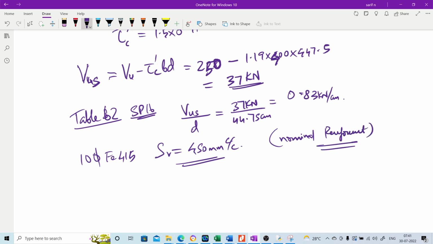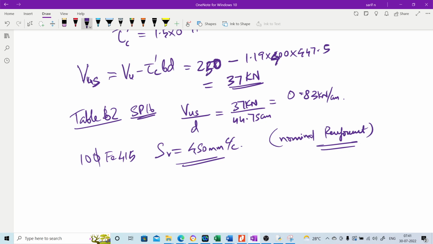Now sometimes in the problem, the maximum design shear force also will not be given. Rather, it will be told that the design is governed by nominal shear reinforcement. That means whatever shear design is required is given by nominal shear reinforcement. Or even if the shear design is not explicitly given, you may tell that you are assuming that the shear design required is only nominal shear reinforcement.